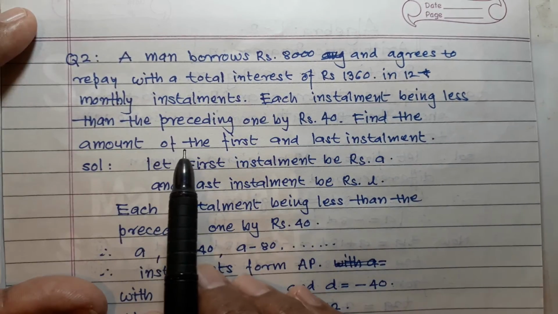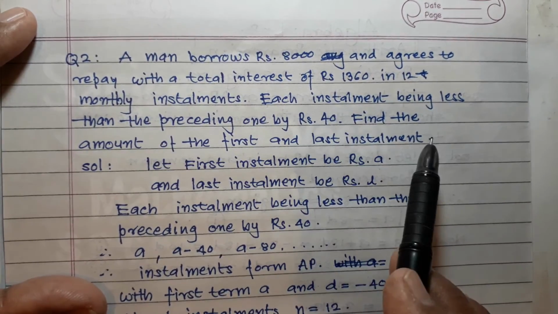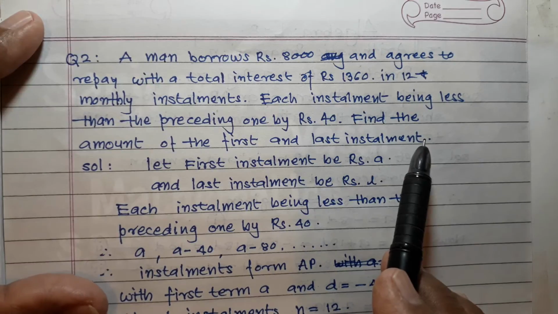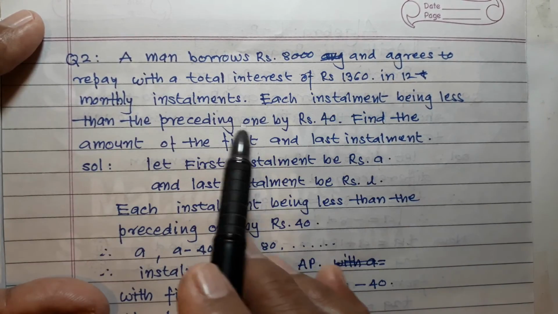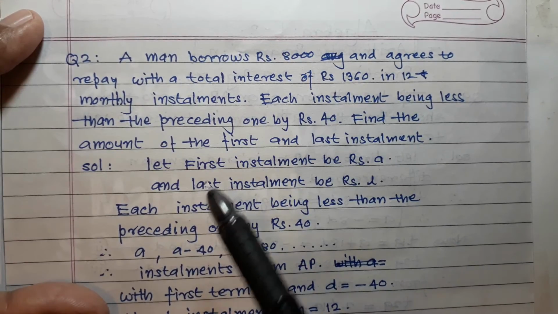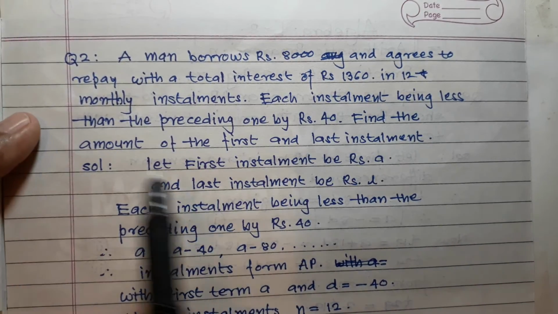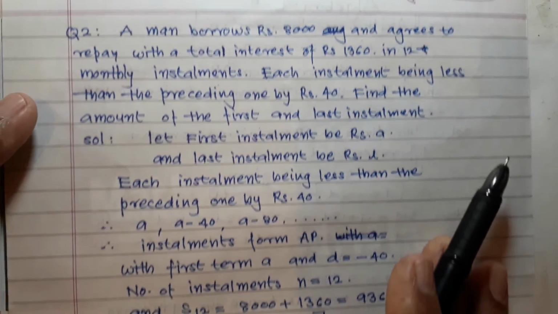Find the amount of the first and the last installment. Okay, now this is descriptive, and you convert it into AP. Now try to understand this.